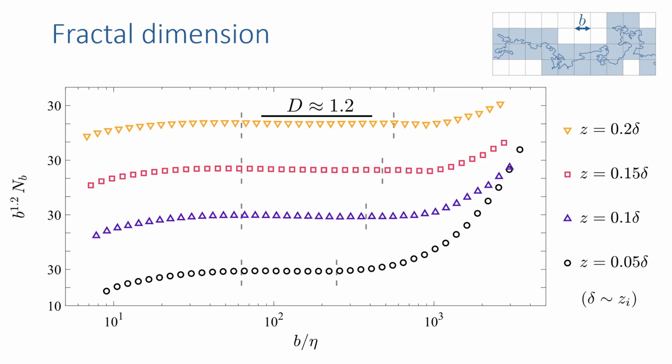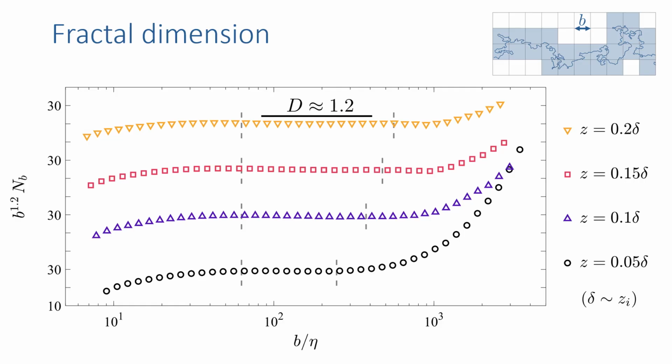And we can look at this with more scrutiny by looking at the pre-multiplied box count using the approximate fractal dimension 1.2 in this case, and it yields a flat trend at all of the vertical positions within the log region, and the flatness is specifically within the inertial subrange. This indicates that the isosurfaces are self-similar, but the self-similarity is restricted to the inertial subrange.